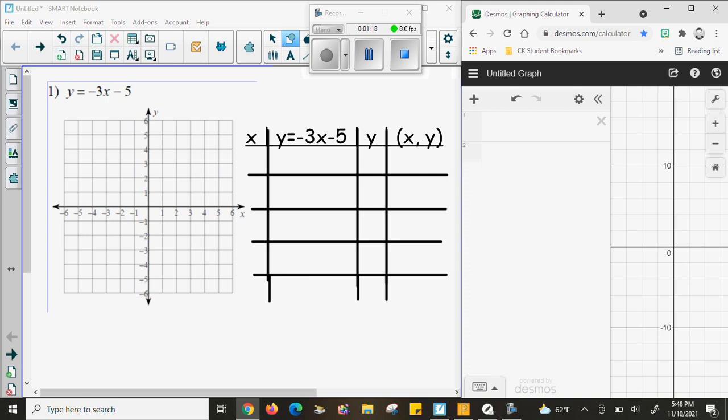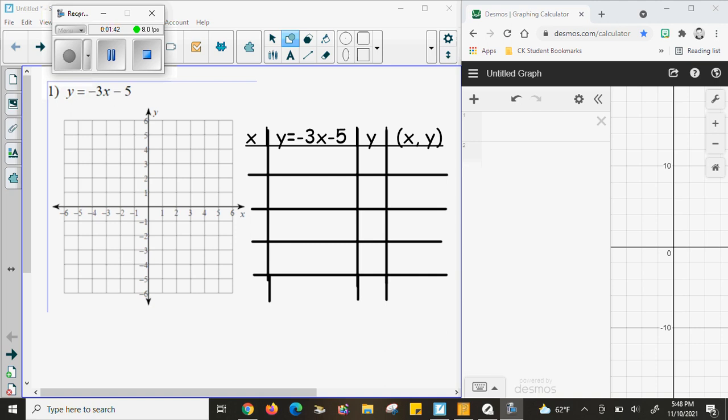So here's where we're going to start. First, whenever we are creating a table of values, I want to tell you about the x values. You are allowed to pick whatever numbers you want for your x values. But what I suggest doing is keeping our x values around 0. And by around 0, I mean that these numbers are going to be the numbers that are closest to 0.